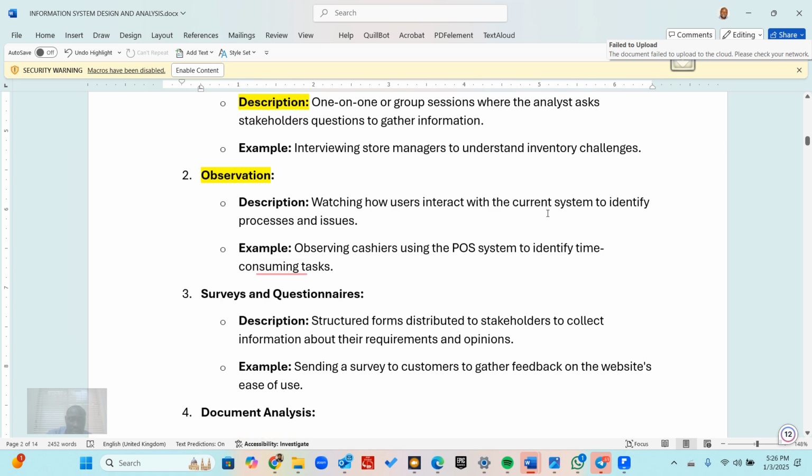So here we talk about observation, watching how users interact with the current system to identify process issues. Observation, that's the description. Example, observing a cashier using a POS system to identify time-consuming tasks, to identify those tasks that are difficult and time-consuming.